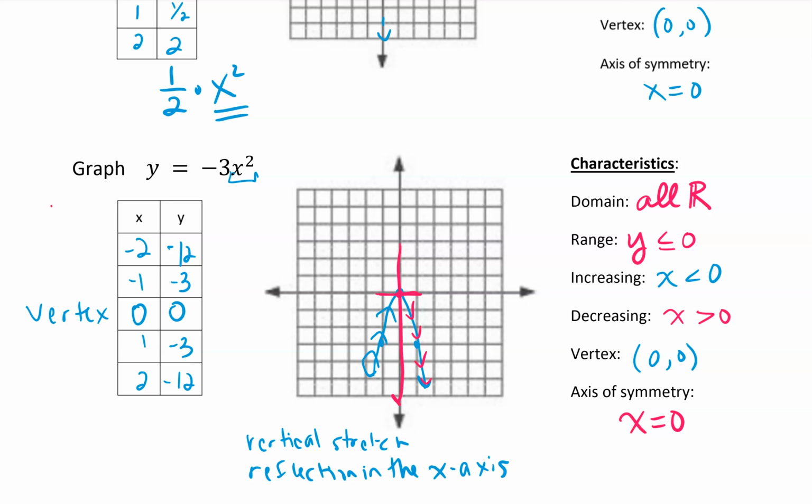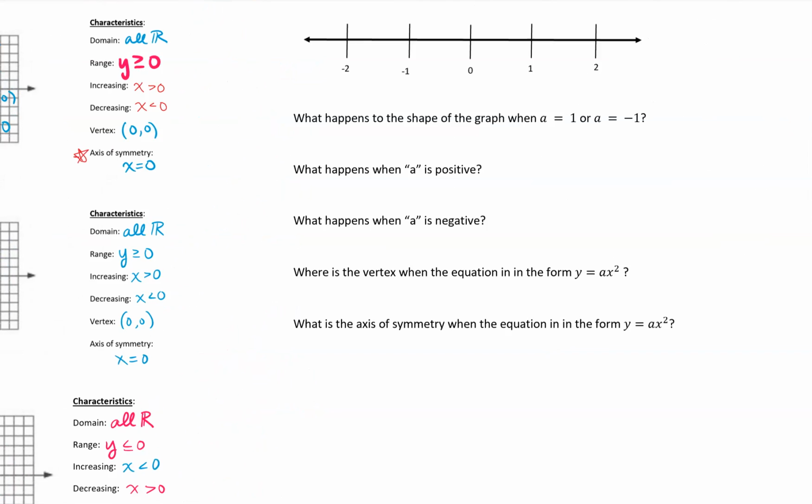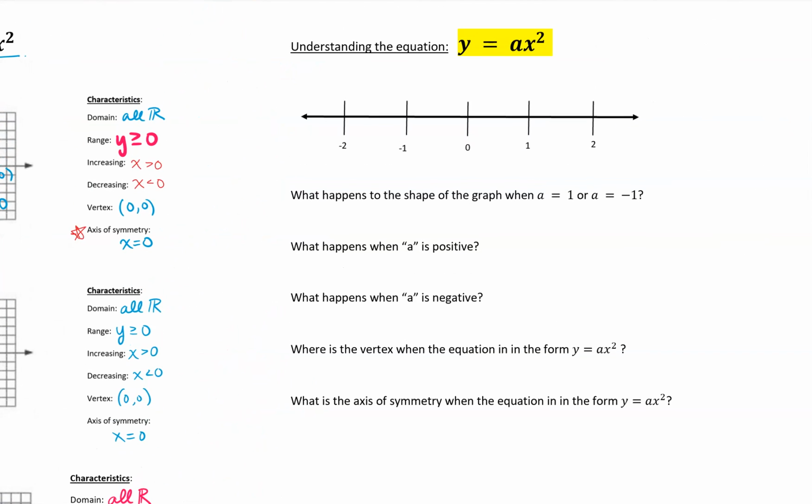Okay, let's put together all of this information right over here. It says understanding this equation. So let's first talk about when it is a shrink or a stretch. We know that it's going to be a shrink if a is anywhere between 0 and 1, but also between -1 and 1. So if your a value is anywhere in here, then your graph is going to be a vertical shrink. And then we have the stretches.